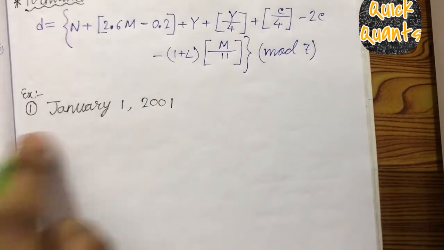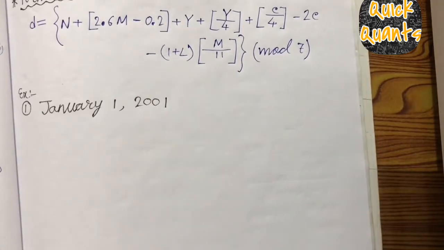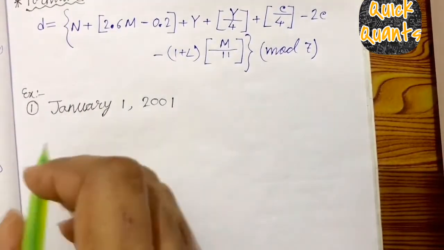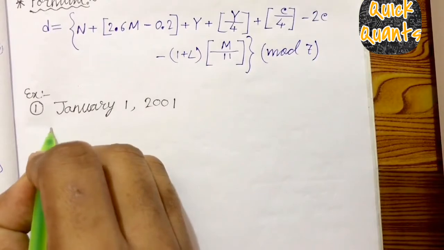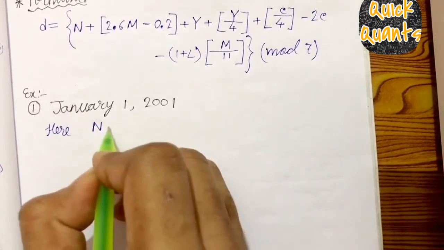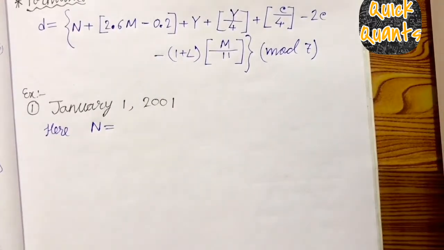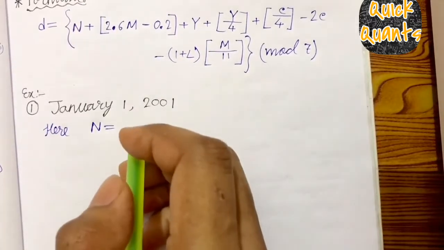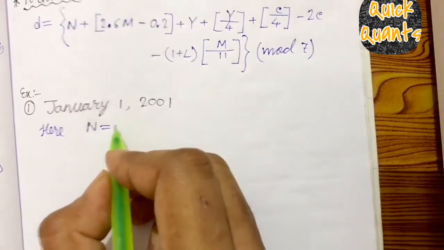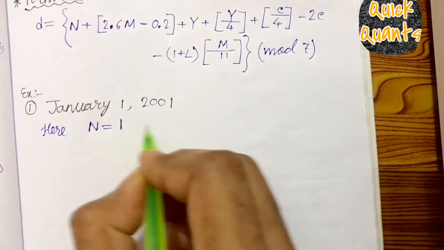Here N is the number of the day of the month, so N is 1.